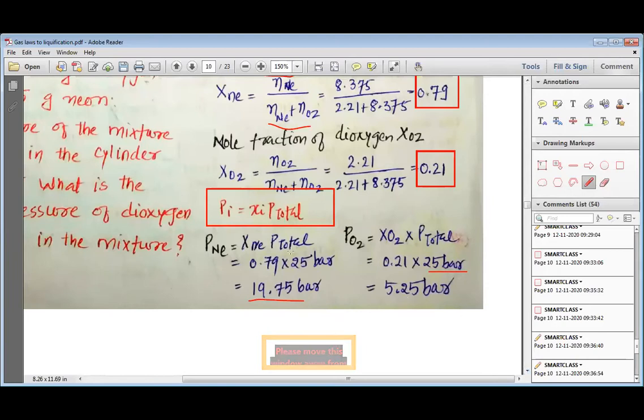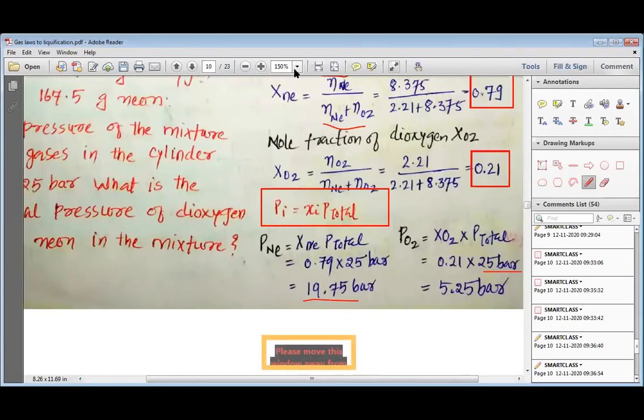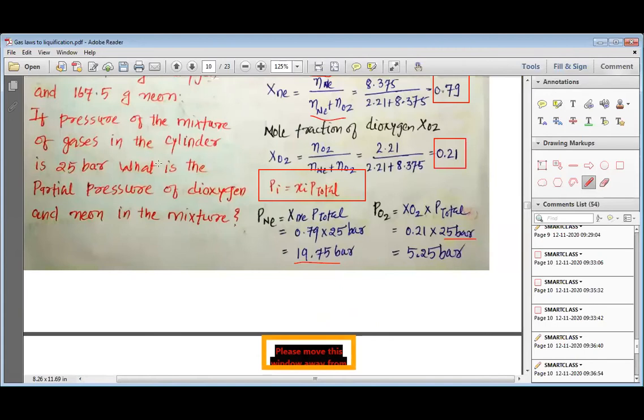And this is how, my dear students, we can find out the partial pressure of neon gas as well as the oxygen gas, which we are expected to calculate. The question asks what is the partial pressure of dioxygen and neon in the mixture.